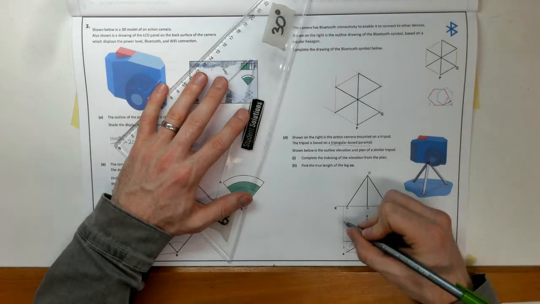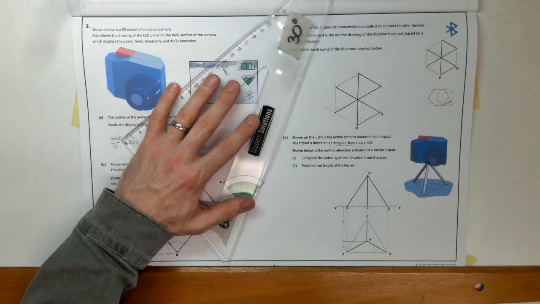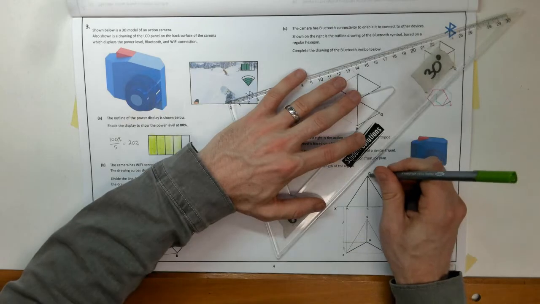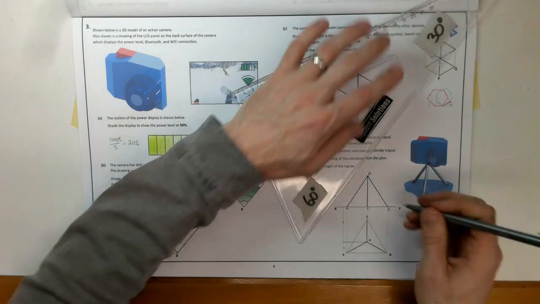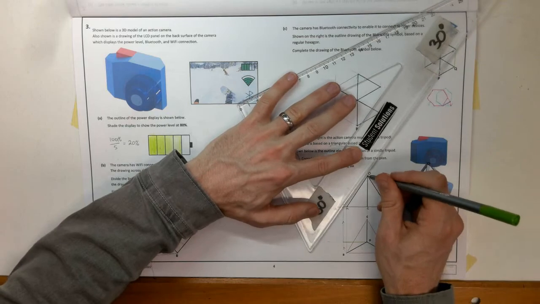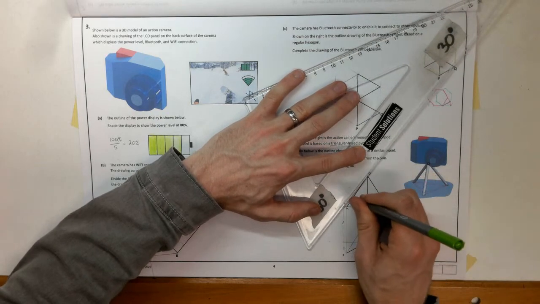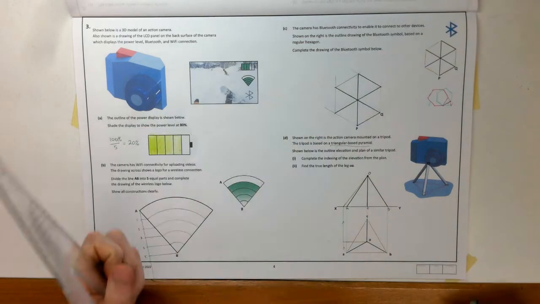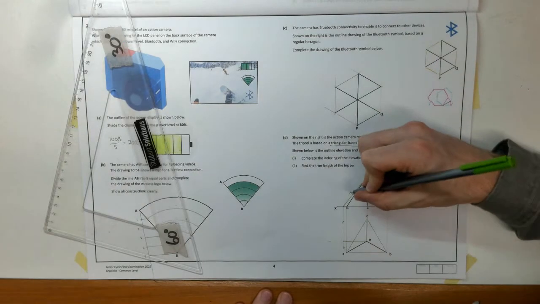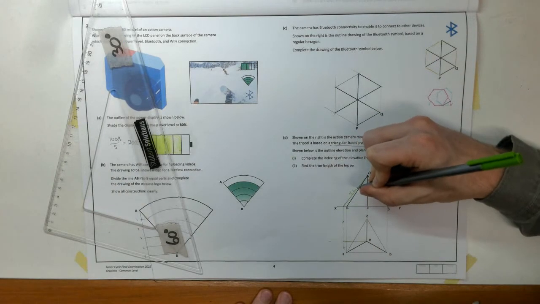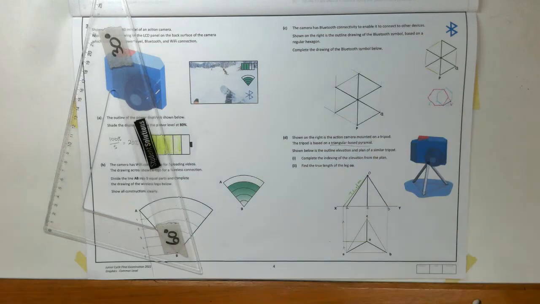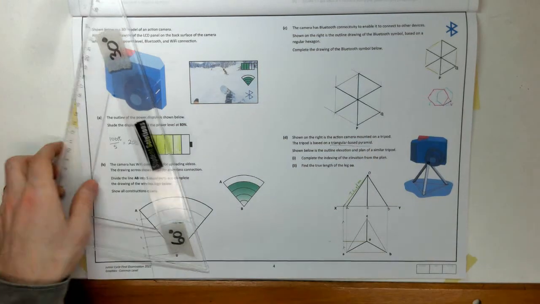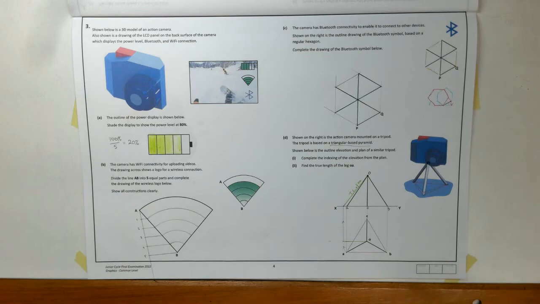So that has been projected up there. And now O down to my A having been rotated. Okay, so that is the true length of OA. Okay, so that's one method, my rotations method.